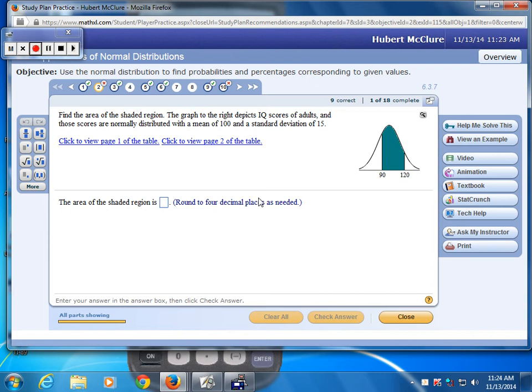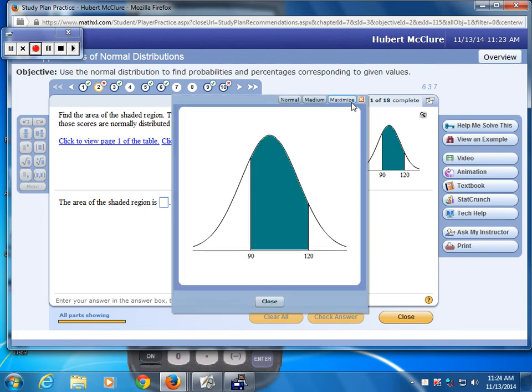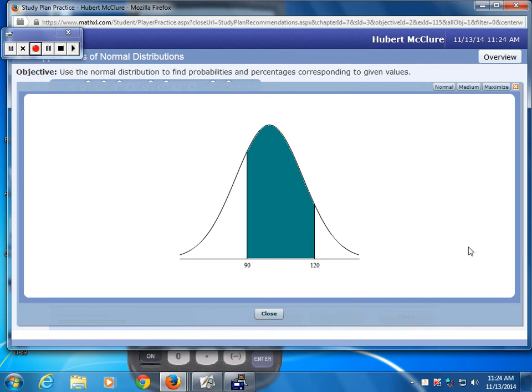I'll blow it up for all them people that sit on the back row that can't see. Now you can do it on your table or you can do it on your calculator, but you need to be able to change it into what? Z-scores. If you don't change it into a Z-score, you can't do it. Okay.